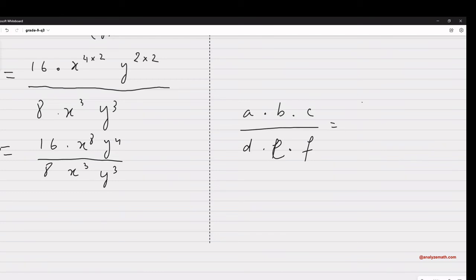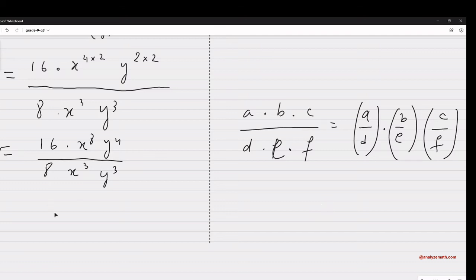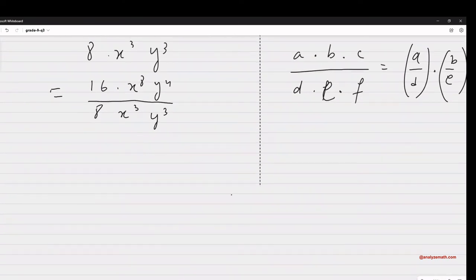Now this can be written as A over D. So you put this together in one fraction, and then you multiply B over E, and then you multiply C over F. Now let's use it here and keep like terms together.